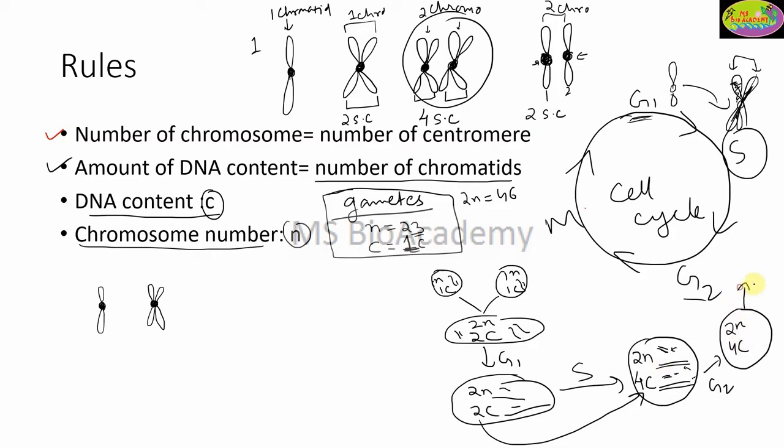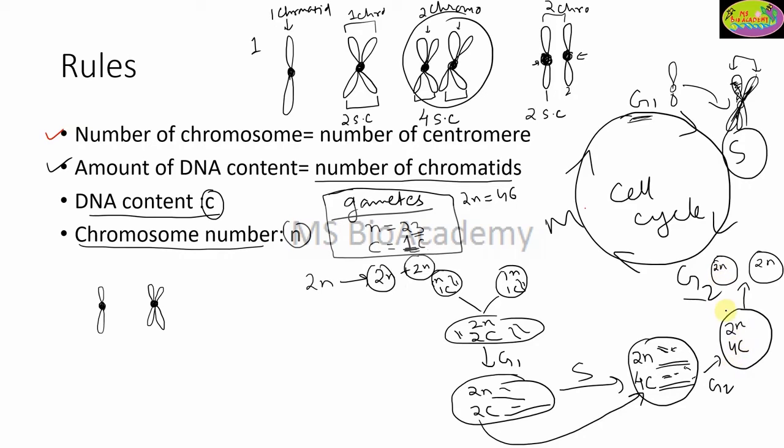Now what about the mitosis phase? When it enters mitosis, it will form two daughter cells, right? So here the two daughter cells will get what? 2N each, right? In mitosis, the diploid cell will be restored in the two daughter cells also, correct? It will become diploid only. So 2N will remain, but what about the DNA content?